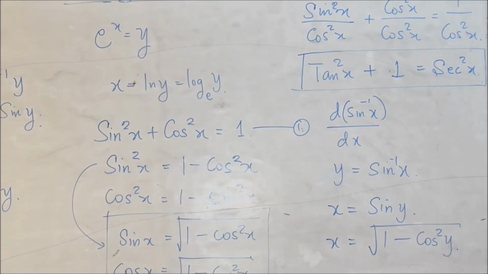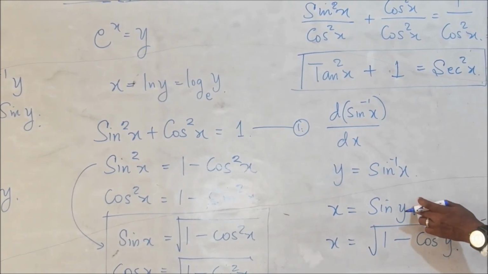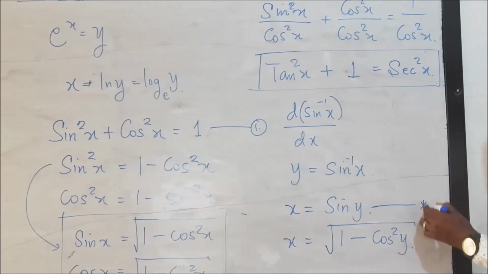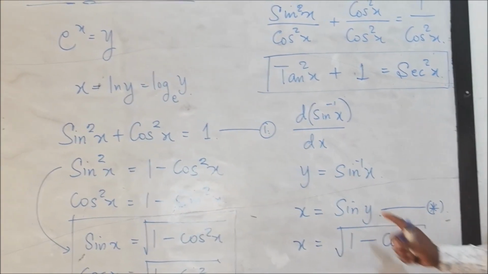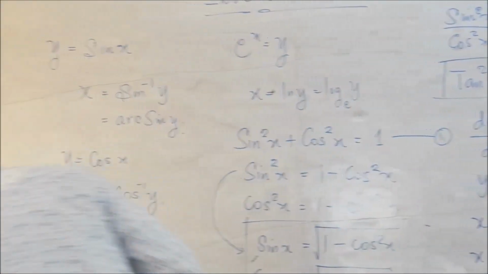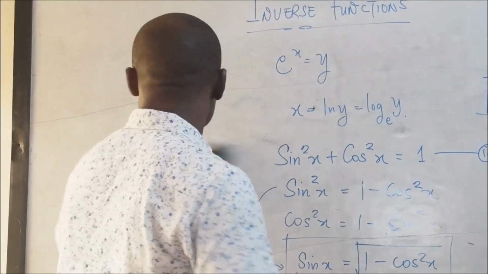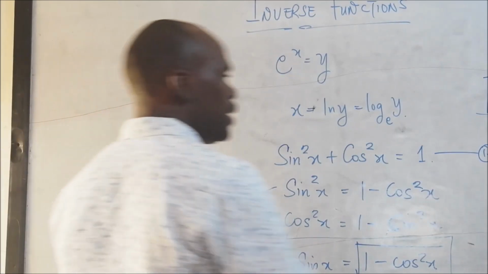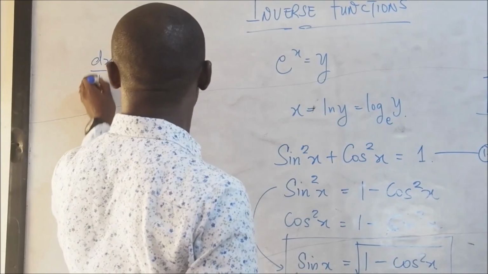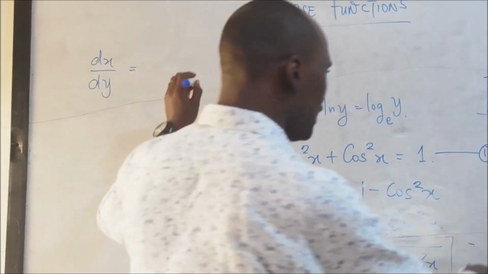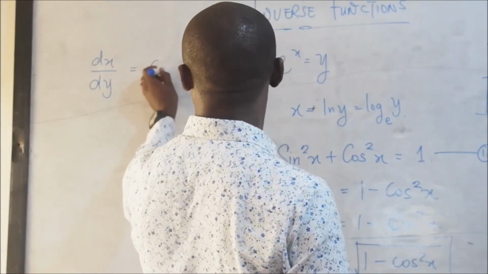Okay, so all we need to do now is to differentiate this. Remember my video on differentiation. If I differentiate this, I'm going to have dx/dy, and dx/dy is going to give us cos y.